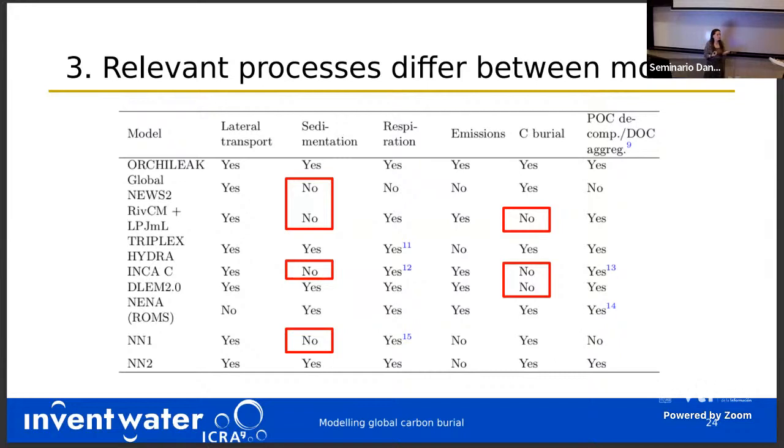And also, for example, respiration or mineralization. Some consider the net ecosystem production, some others calculate the biomass production, but it's quite different.